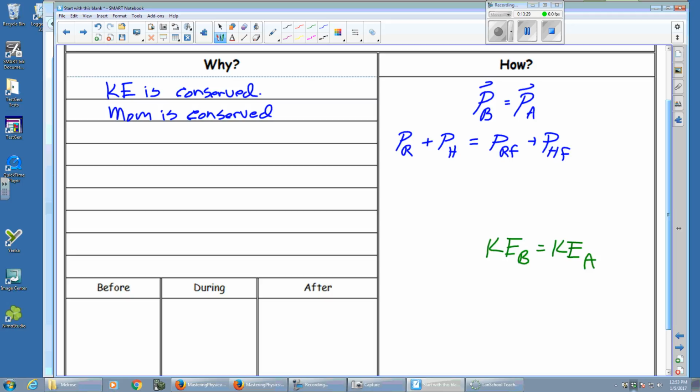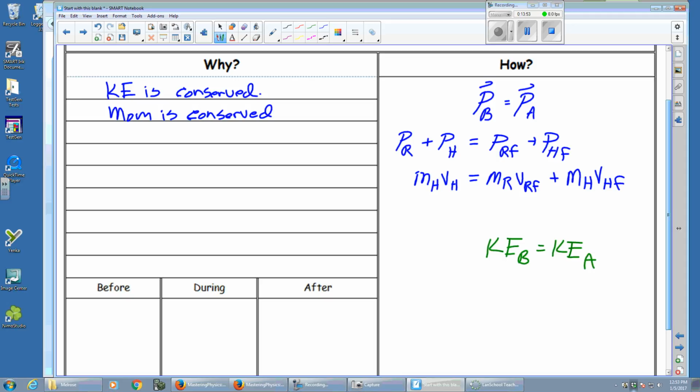The hammer is going to be the mass of the hammer, velocity of the hammer beforehand, and then mass of the rock, velocity of the rock final, plus mass of the hammer, velocity of the hammer final.